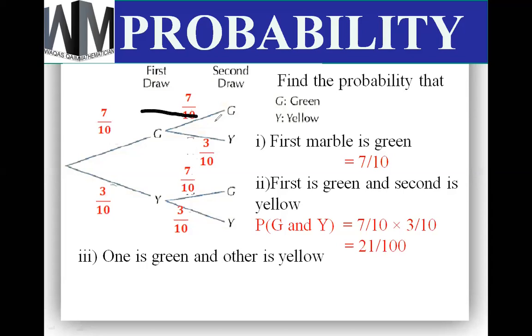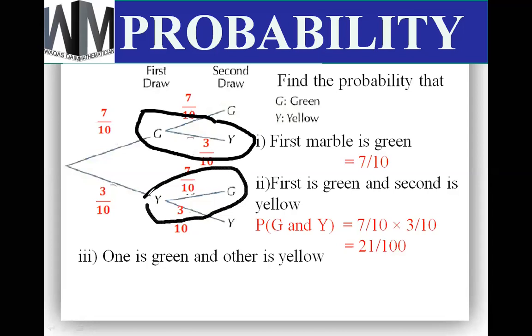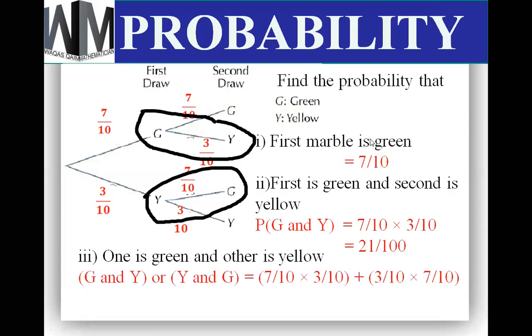So for part 3 we have two possibilities. This one, green and yellow, and this one, yellow and green. So we have to consider both possibilities, both orders for part 3. So this will be green and yellow or yellow and green.